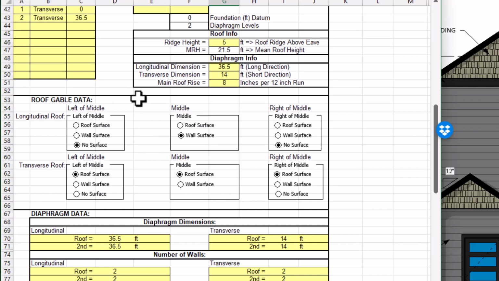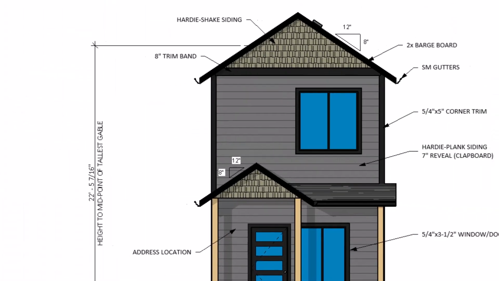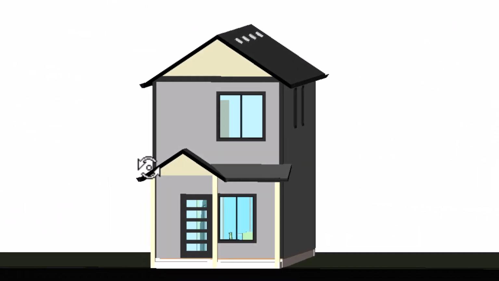The roof gable data. This building is pretty simple because the roof is just a straight gable at both ends and there are no dormers. Looking in the longitudinal direction, we have no surface to the left, wall surface in the middle, triangle, and then right of middle is no surface. So that would be looking in this direction.